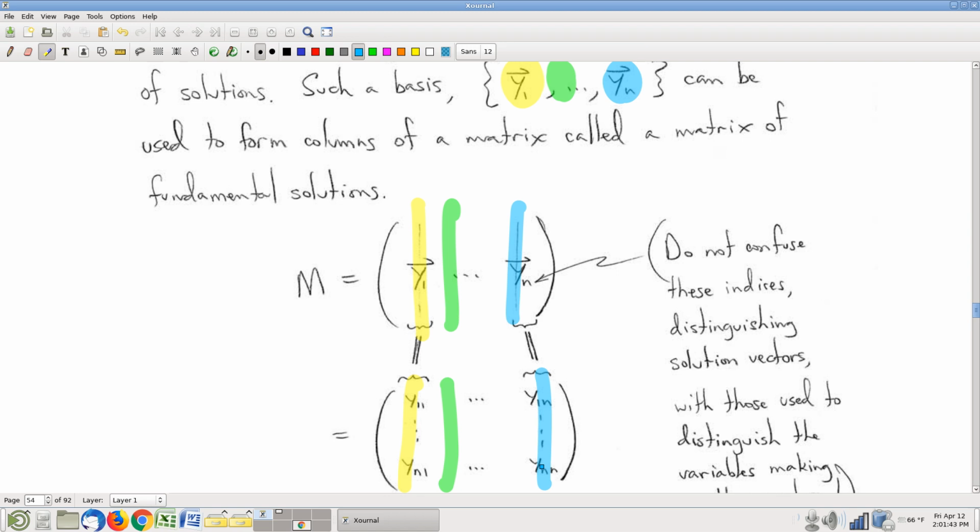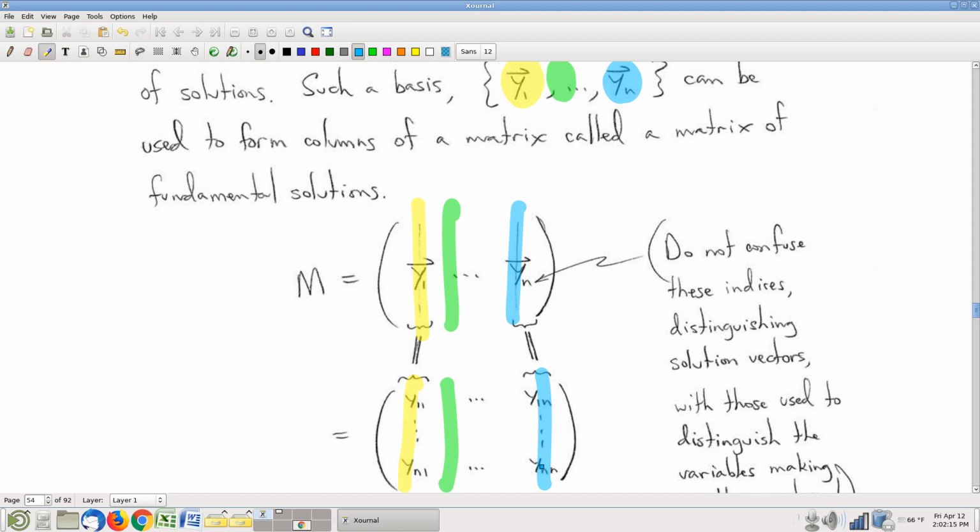We've used the subscript to indicate which of the functions inside of a given vector-valued solution. But now we're also using an index, differently, to distinguish different vector-valued solutions from each other. So we're using indices in two different ways. When you write down this matrix, there are two different indices here. Just heads up, be careful. Make sure you're using them the right way.